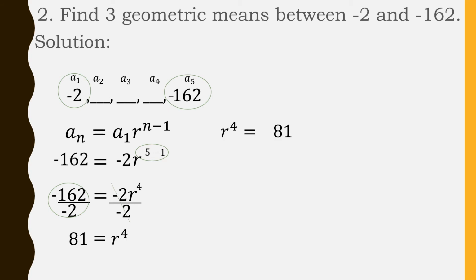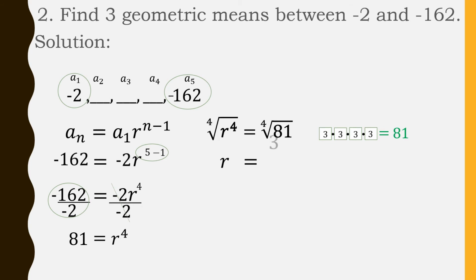Now let us simplify this one. Let us find the fourth root of r to the fourth and the fourth root of 81 as well. What is the fourth root of 81? The number that when multiplied by itself 4 times will result in 81 is 3, because 3 times 3 is 9, times 3 is 27, times 3 is 81.